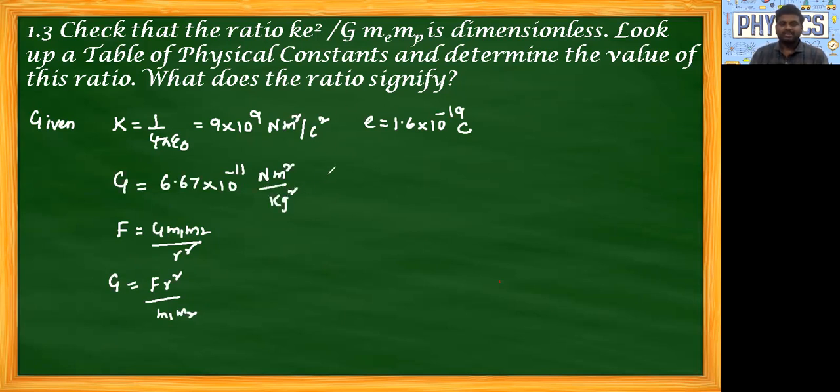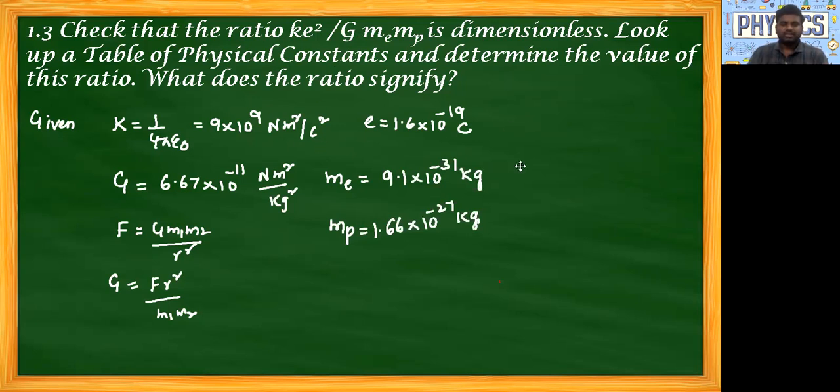Then m_e is the mass of the electron, that is 9.1 into 10 to the power of minus 31 kg, and m_p is the mass of the proton, that is 1.66 into 10 to the power of minus 27 kg. Okay, all values we know with units also.